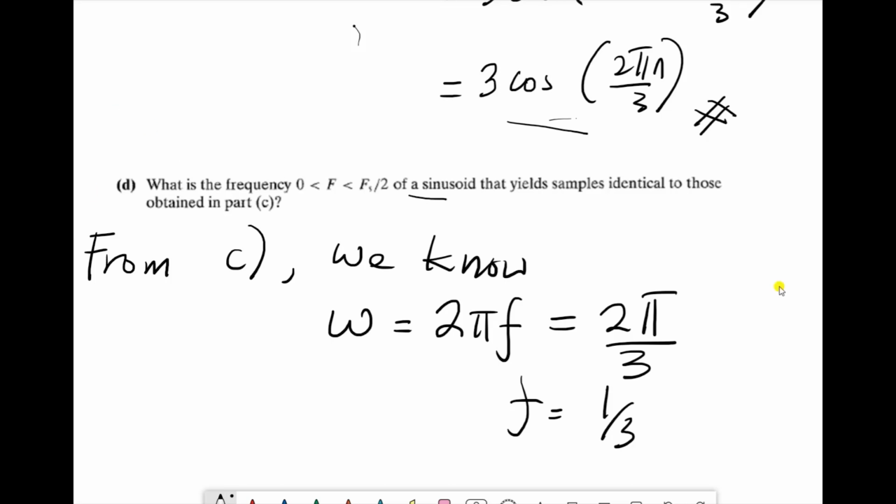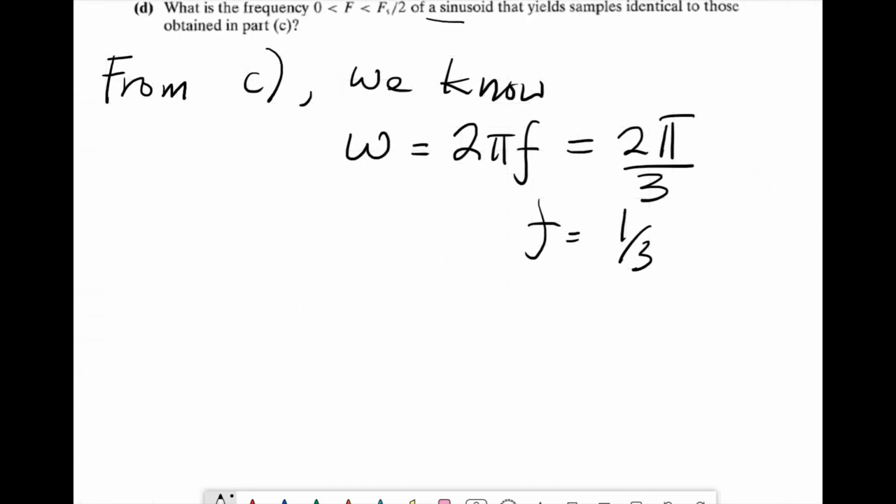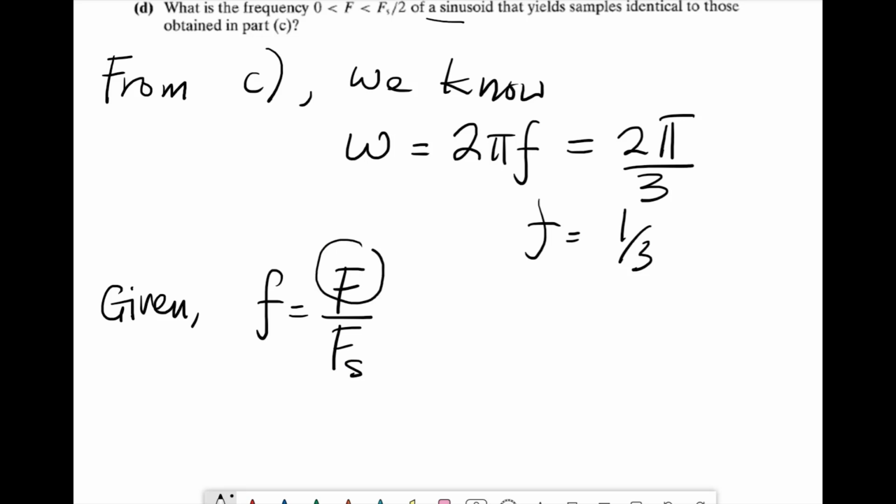Okay, and then we also know, because from here we need to find the analog frequency, given is f equals capital F over Fs, right? So we need to find this F, because this F is the frequency for the sinusoid, right?